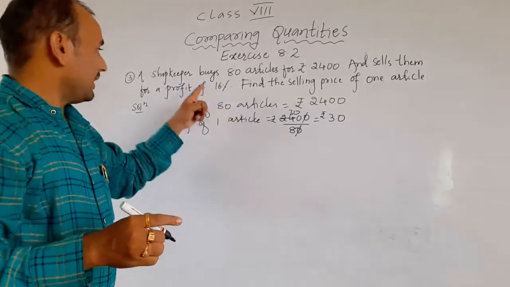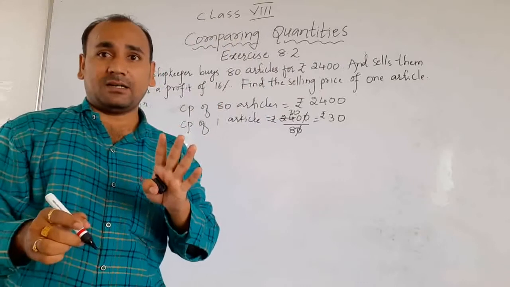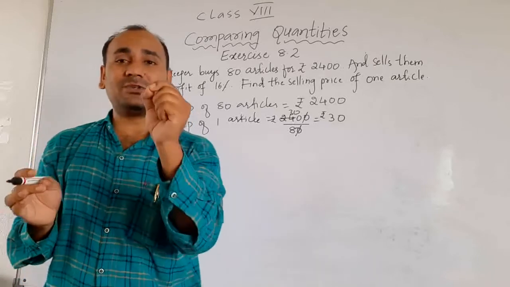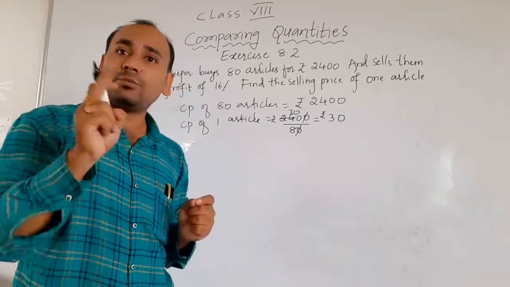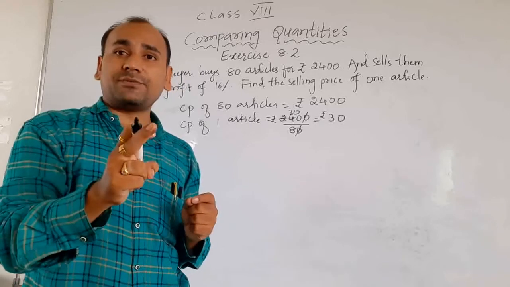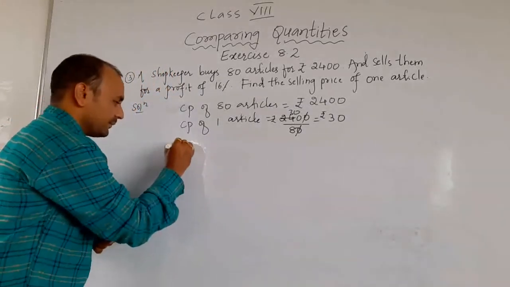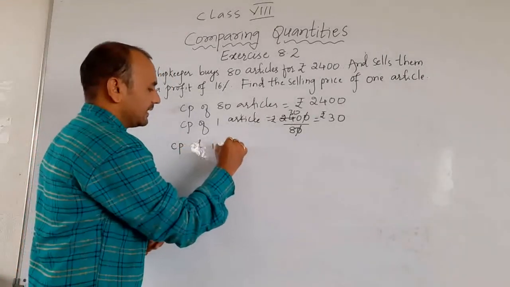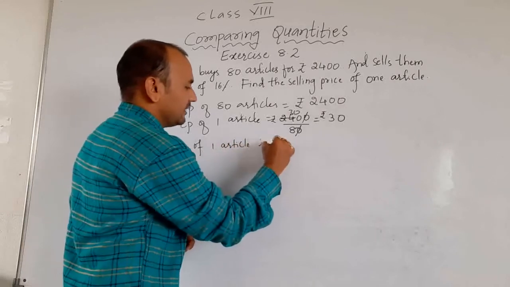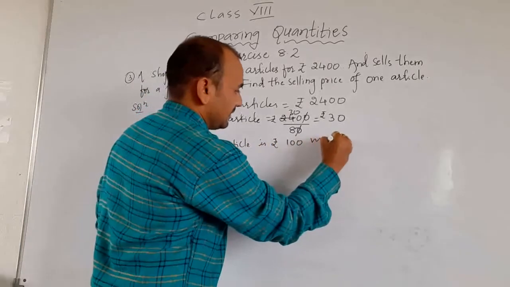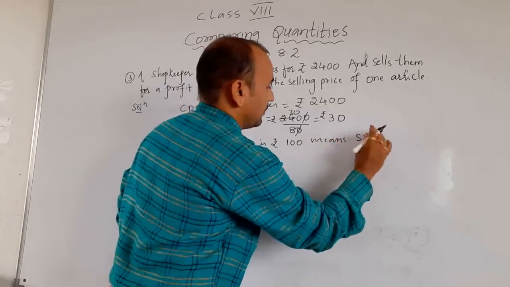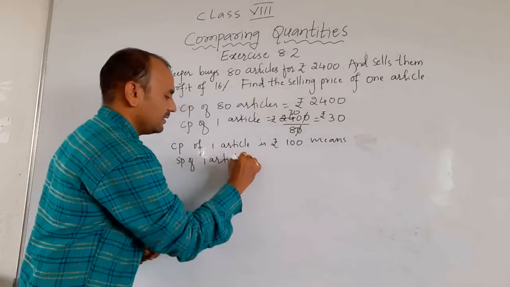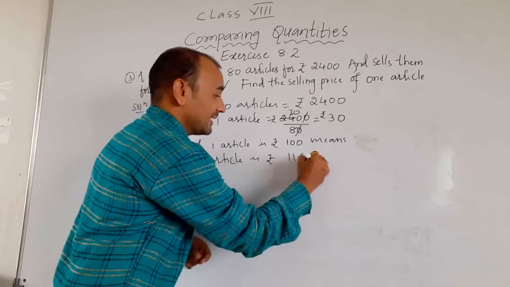So now we have to find the selling price of the article. Right? So cost price and selling price, as I said, how can it be done without taking the formula? You will get the same answer using the formula also, without using the formula also. So let us think first, let us think the CP of one article is rupees 100, means the SP of one article is rupees 116.